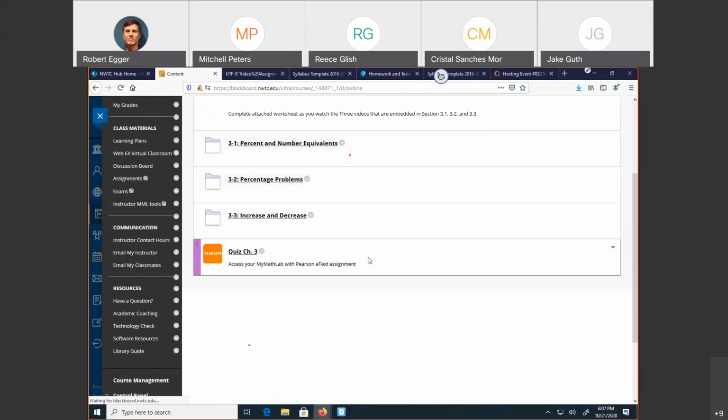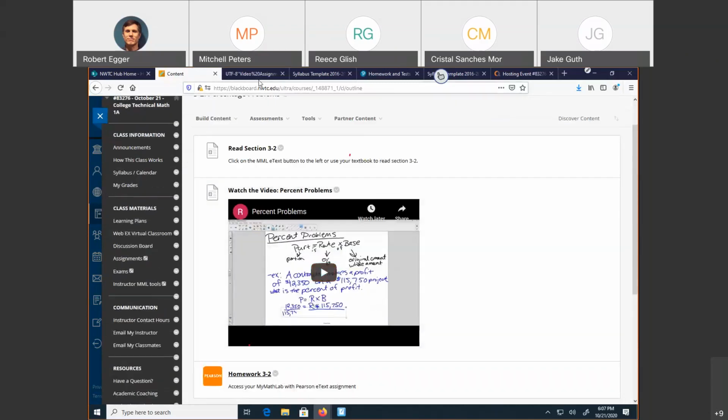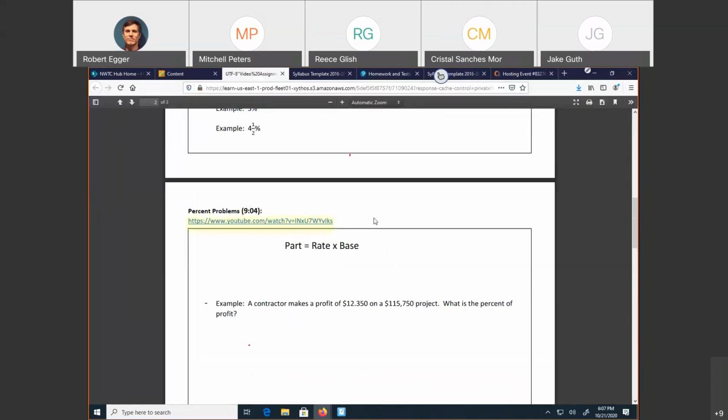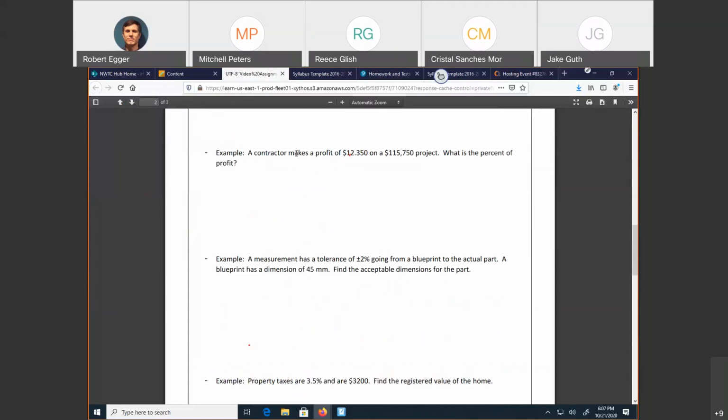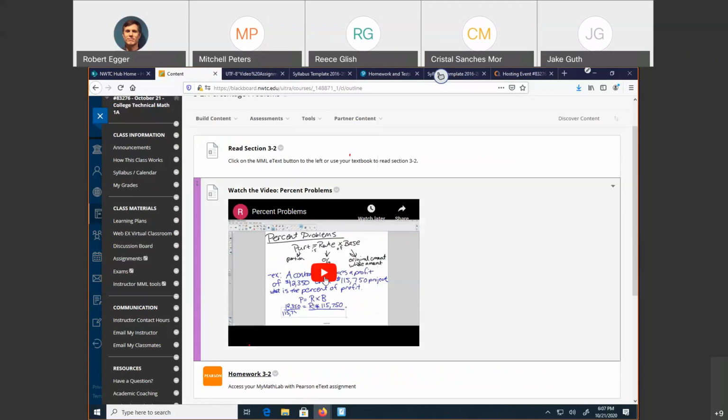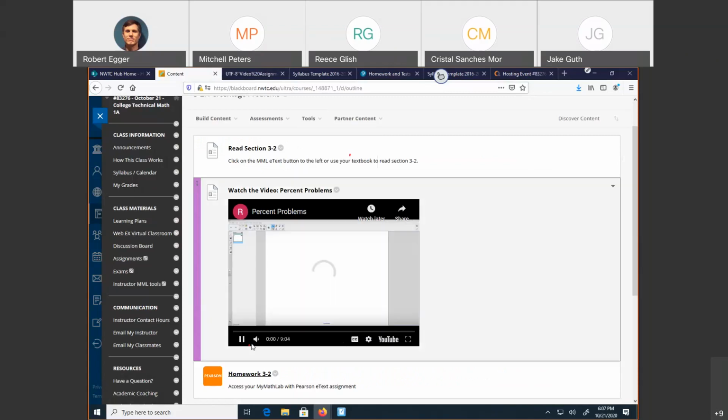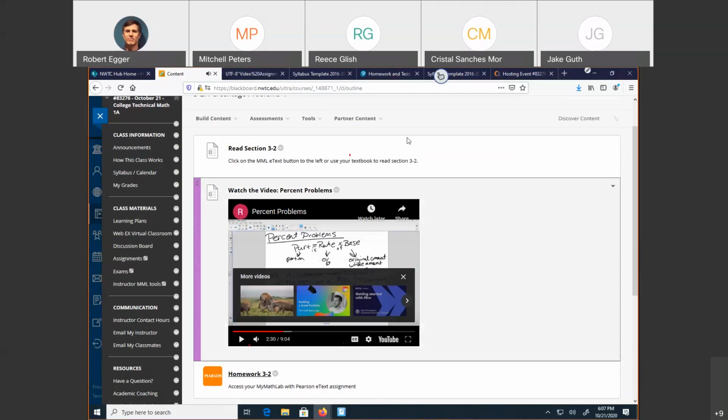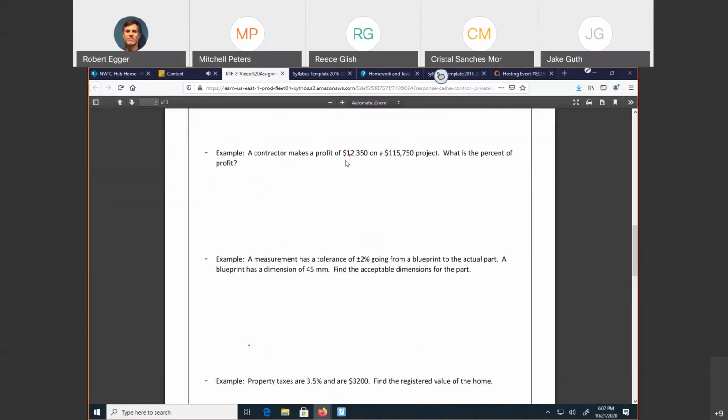3.2, percent problems. Wow, percent problems. But it's going to be a problem about contractors. A contractor makes a profit of $12,350.